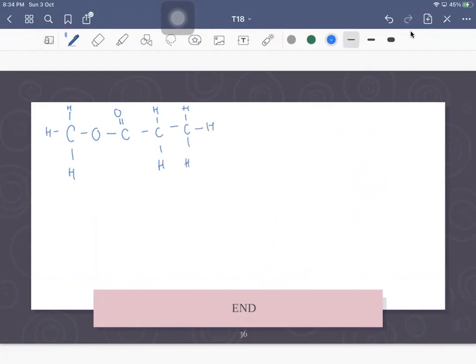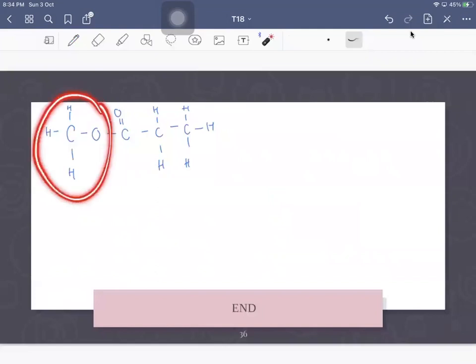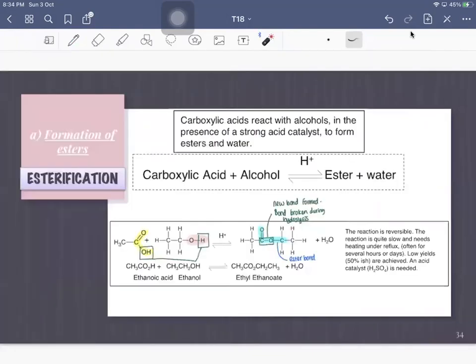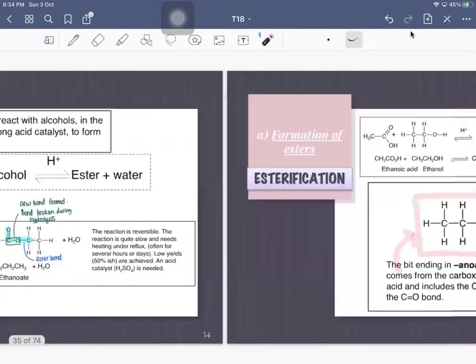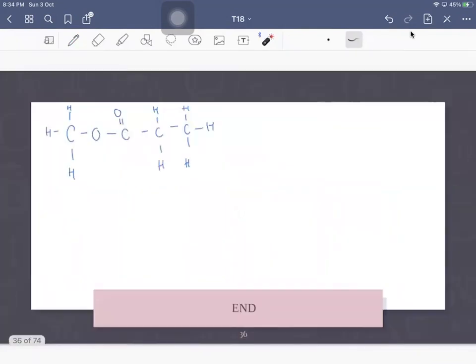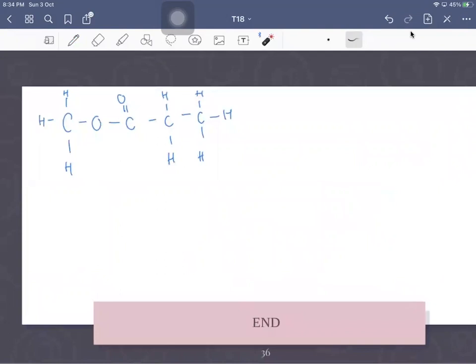So if I were to write down the structural formula, this time I've got the alcohol group on the left and then the carboxylic acid group on the right, whereas in the previous example, you've got the carboxylic acid group on the left and the alcohol on the right. So when you write this down, I will start with CH3.